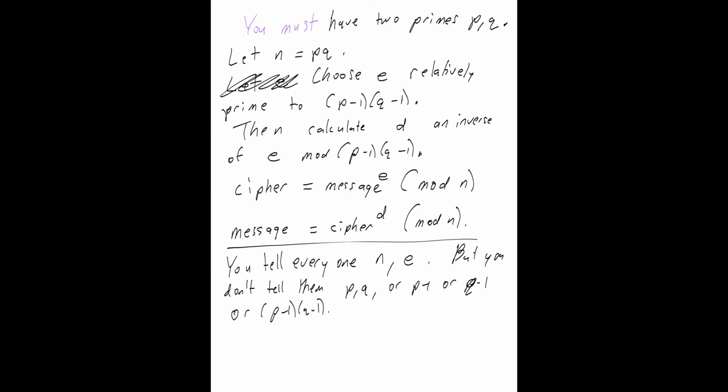So nobody else knows what the two prime numbers were, or what 1 minus the two prime numbers was, or what the product of the two of 1 less than the two prime numbers is.